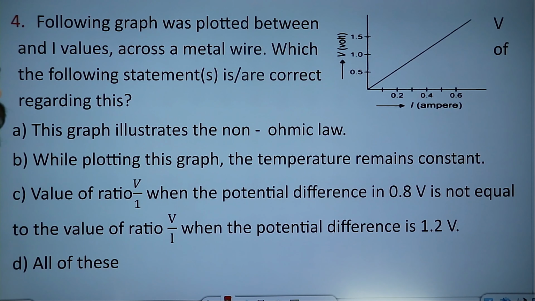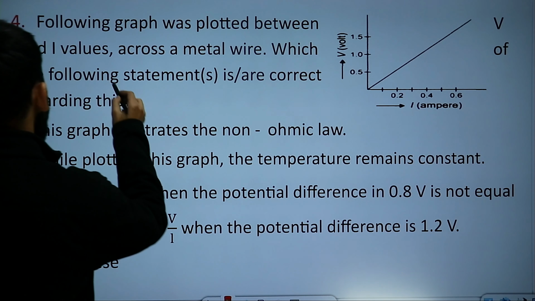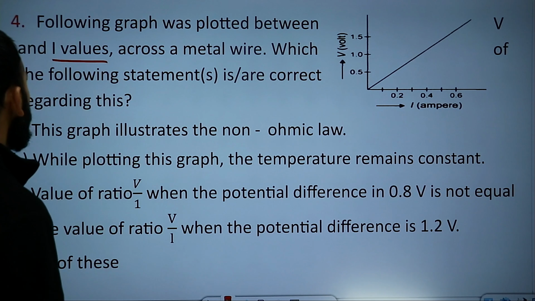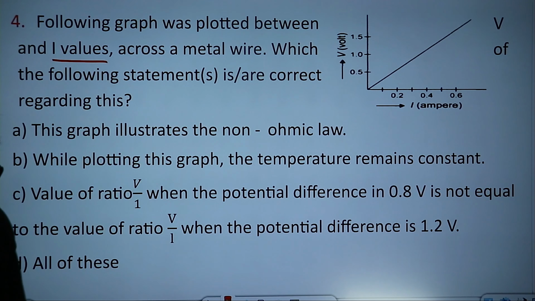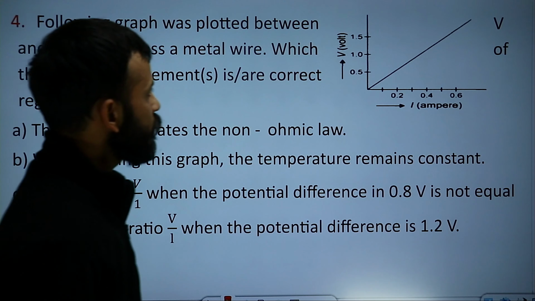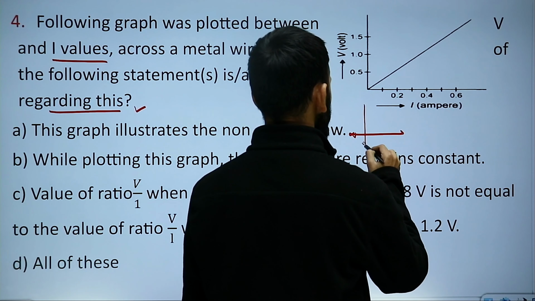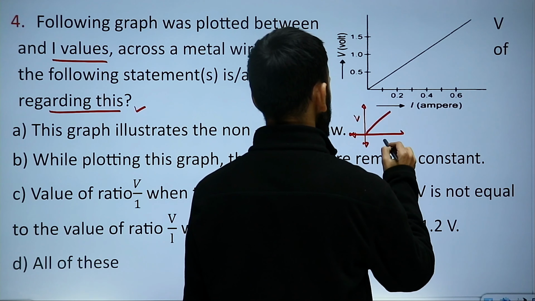Next, the following graph was plotted between V and I across a metal wire. Which of the following statements are correct regarding this? You can see that the graph between V and I for ohmic devices is a straight line.